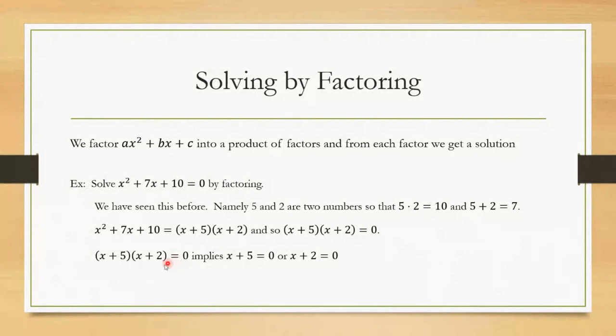This line says that since this product is 0, what must happen is the first or the second factor has to be 0. They both could be, but at least one of them has to be. And really from there, to solve this equation, we have to solve this equation, and we have to solve this. Because again, we're looking for all possible numbers that make this equation true, right?